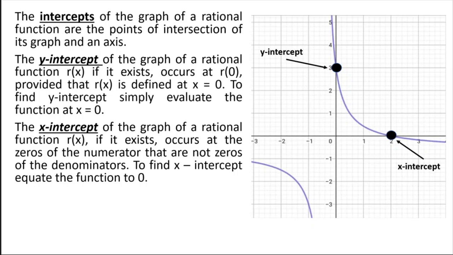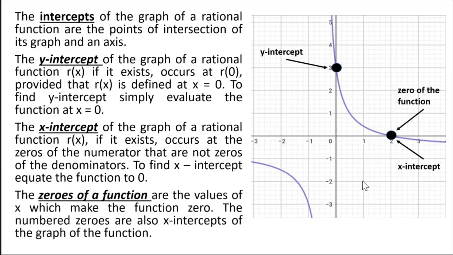To find the x-intercept, equate the function to 0, meaning your x-intercept is the value of your x when the function becomes 0, or the value of your x when y is equal to 0. So in the figure, as you can see, your x there is 2 and the y of course is 0.